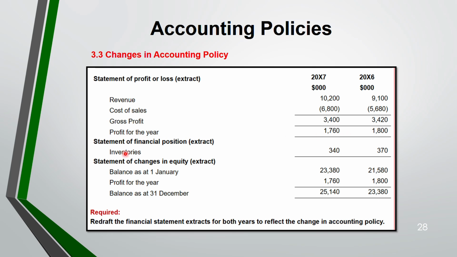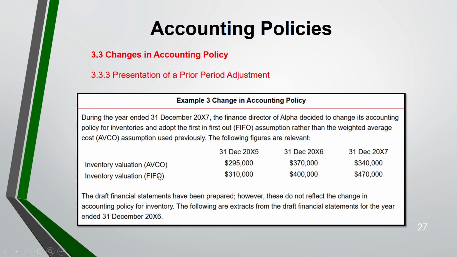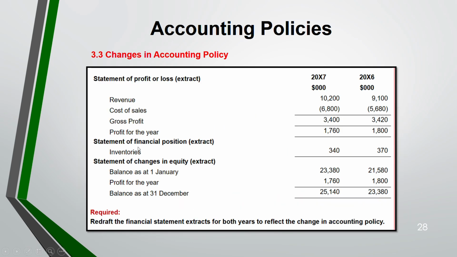Then when you go to inventory, you take 340 for 2007 and 370 for 2006. You are based on weighted average; you haven't applied FIFO. So they are taking 340 and 370 in inventories in your statement of financial position.